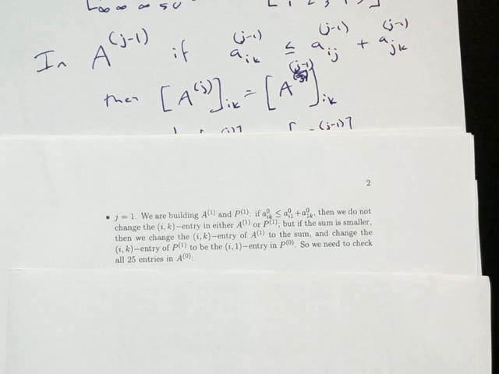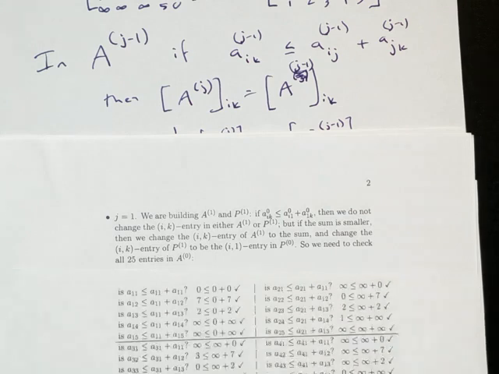Is it any shorter? Yes or no? No. I did all 25 checks, and all 25 of them, the if went no. Going directly is less expensive than going via vertex 1. So I made no changes.